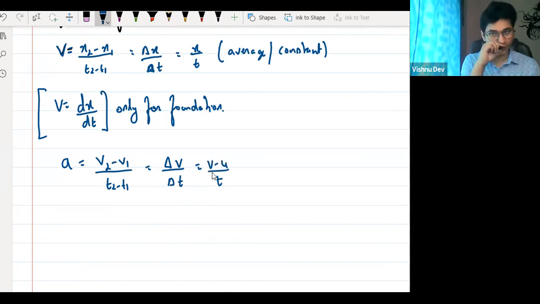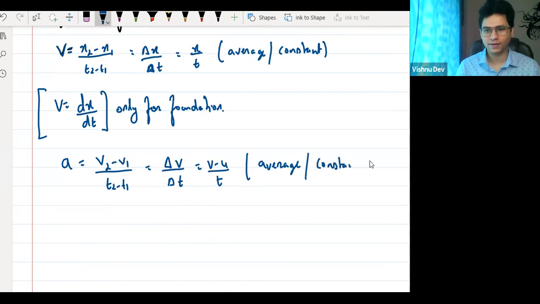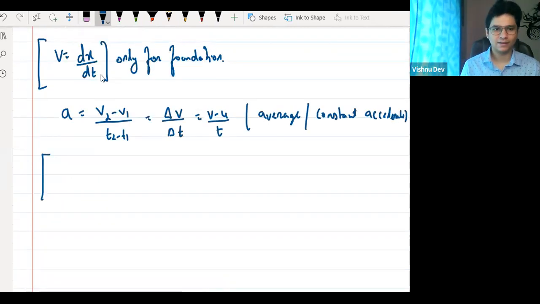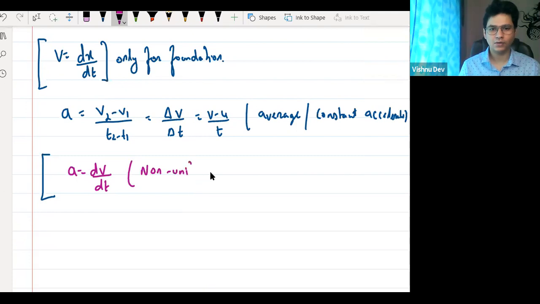The v is the final velocity, u is initial velocity, but this is also for either average acceleration or constant acceleration. Yes or no? But for instantaneous, at any point, at any moment, it is equal to what? So this delta v by delta t we convert into dv by dt. है ना? This is used for non-uniform. ठीक है? This is only for foundation.